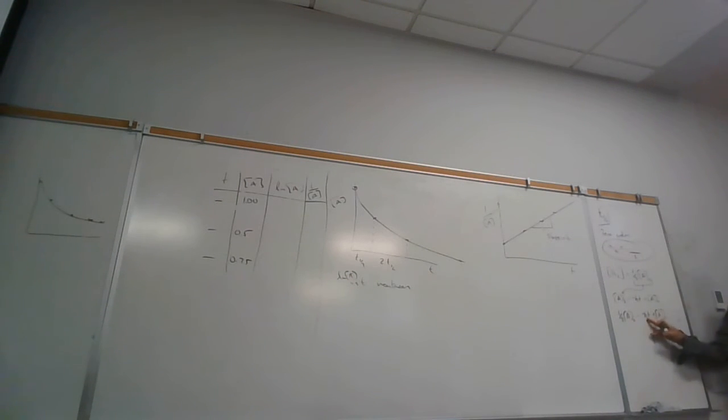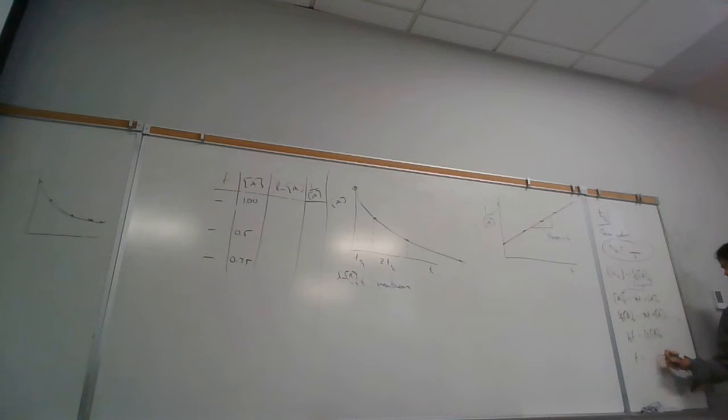And so what I'm going to do is add kt to both sides, so we get kt, and I'm going to subtract 1/2 [A]0 from both sides. So 1 minus 1/2 is going to give me 1/2 [A]0. And then I'll solve for t.